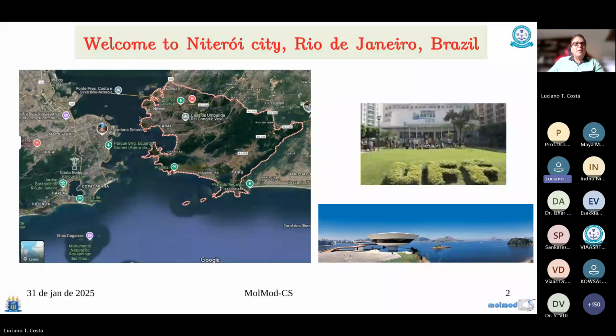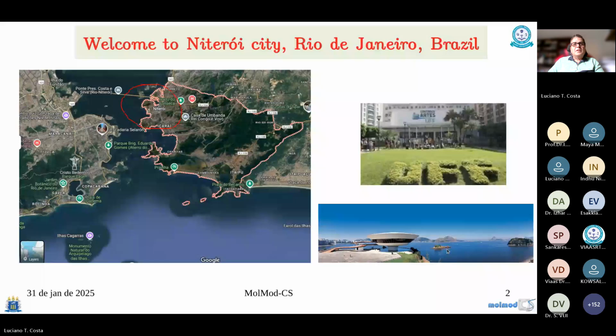Our campus is located here, close to downtown in Niterói. As you can see on the right side, this is our campus, and here is a view of Rio de Janeiro city from Niterói. Here in Brazil, we would say that the best view of Rio de Janeiro city is exactly the view from Niterói.